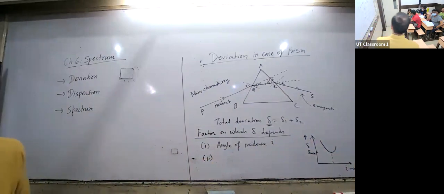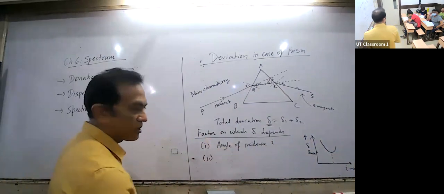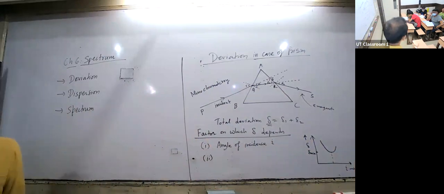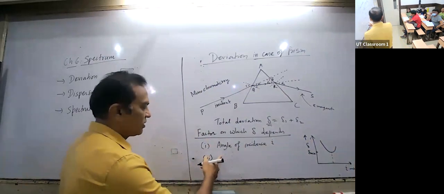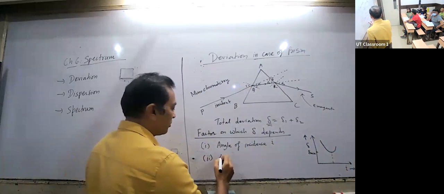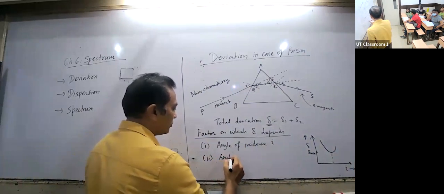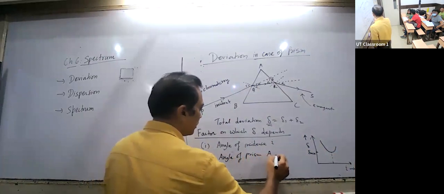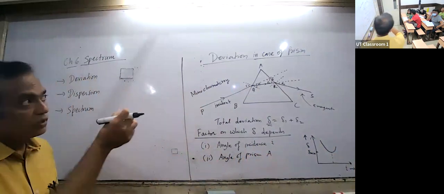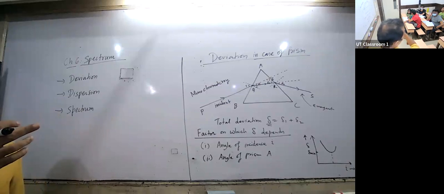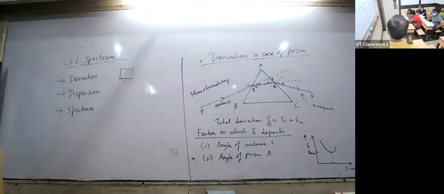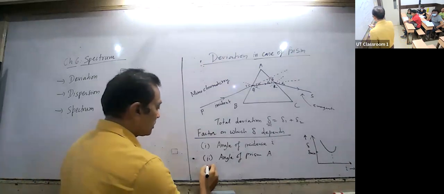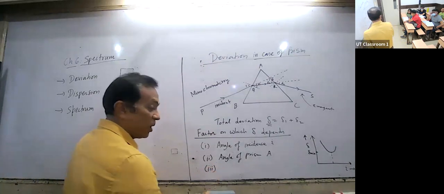Just for the sake of completing all the factors, first was angle of incidence, second is angle of prism, A. If the angle of prism is more, the deviation will be more; it is directly proportional. Third, it depends on the material of the prism.